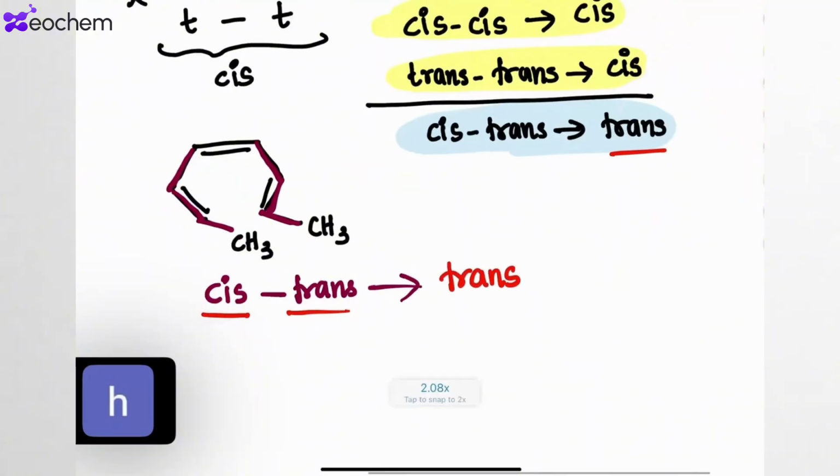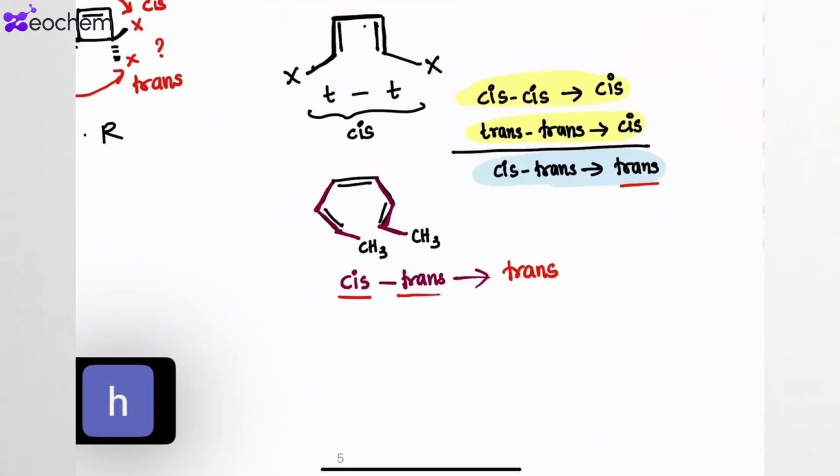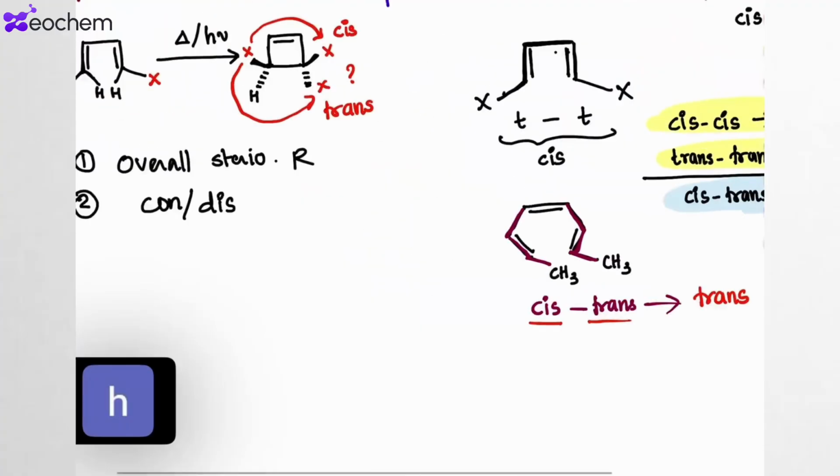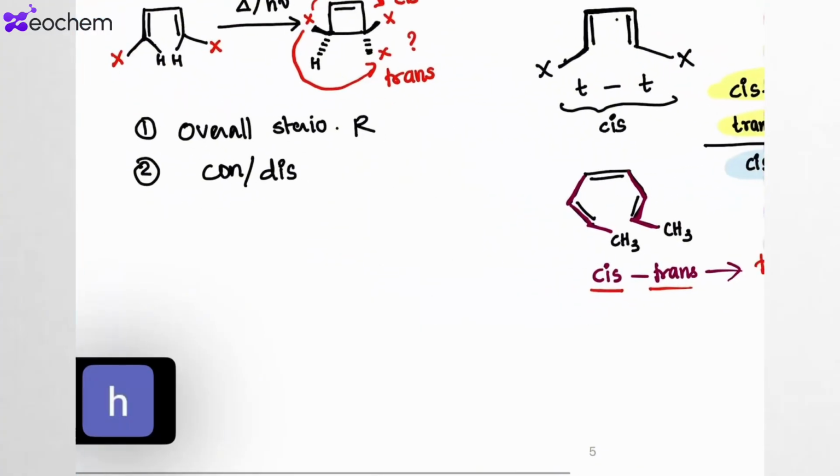Now the overall stereochemistry of the reactant is trans. So now we learned how to determine the overall stereochemistry of the reactant. We'll go to the next step: how to find whether conrotation or disrotation is happening in the molecule. For that, we already learned the selection rule. I told you, we just need to remember one relation, 4n and delta. 4n and delta con. Yes, we just remember this 4n and delta con.